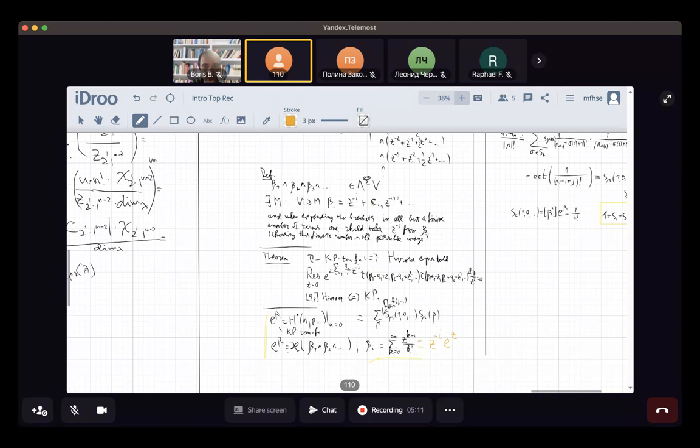Okay? Any questions so far? Is it completely clear at this point that x of p1 is a tau function of KP? Is it completely clear what the statement is and how to prove it? Any questions? If someone is unsure that they remember all the steps, please let me know.